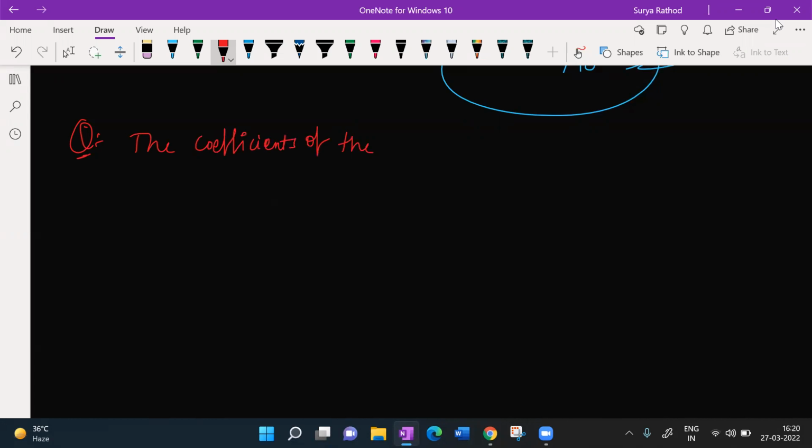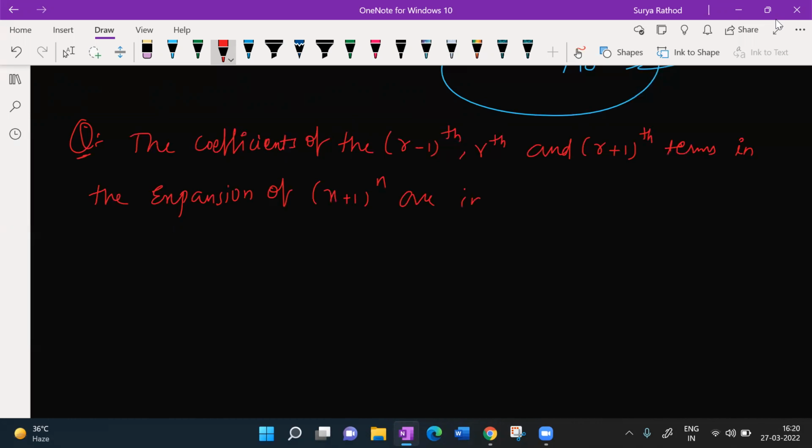The coefficients of the r minus 1, r, and r plus 1 terms in the expansion of (x plus 1) to the power of n are in a given ratio.